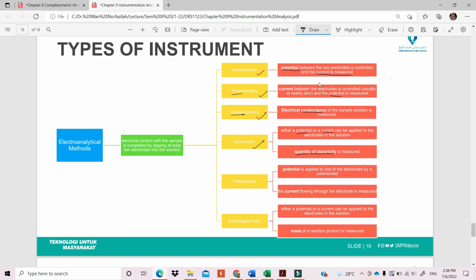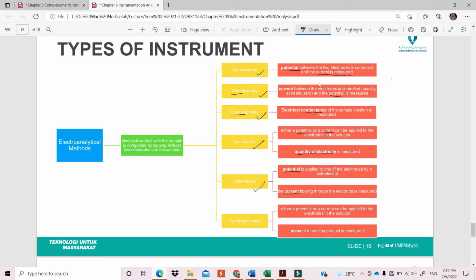Next, we apply potential and the current flowing through the electrode is measured. So yang ni specific to potential. We still measure the current, but now the current is flowing through the electrode. So we call it voltammetry.